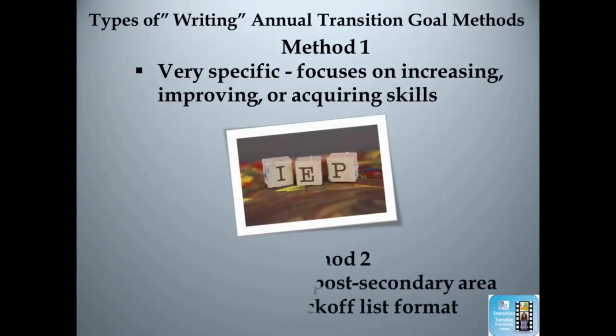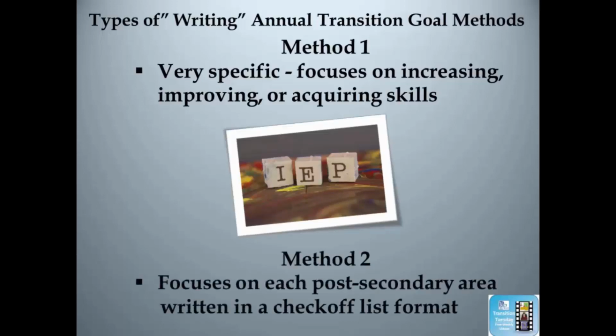Method 2 focuses on each post-secondary area, written in a checkoff list format. I'm going to show you both annual goal methods, relating them to the student's post-secondary goals. I'm going to start with Method 1, breaking the annual goals into academic and functional.